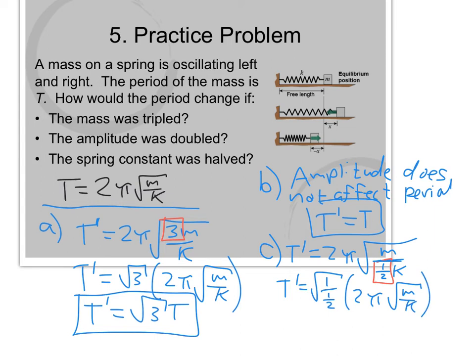That double fraction can be rectified to just be 2. Dividing by 1/2 is the same as multiplying by 2, so this is really just root 2 times my original period, which was T.